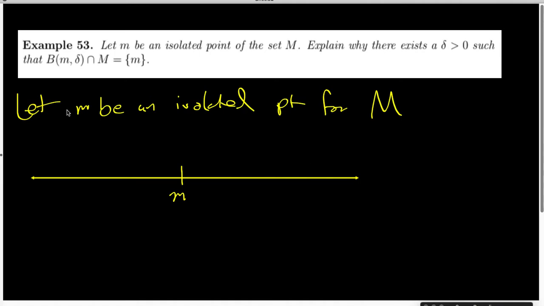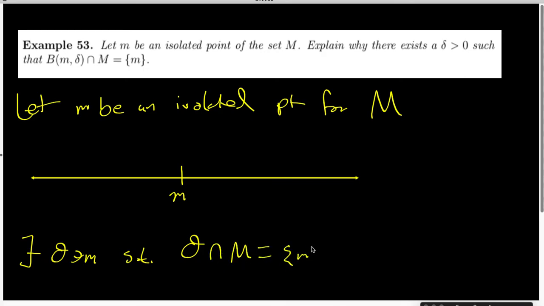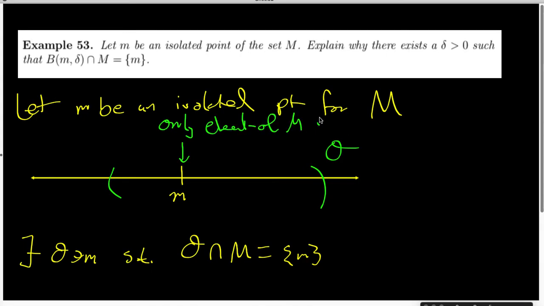Because of this, I know that there exists a capital O that contains little m, such that capital O intersected with capital M is just the singleton set containing little m. In other words, on this number line, this is the only element of M that is inside the open interval O.